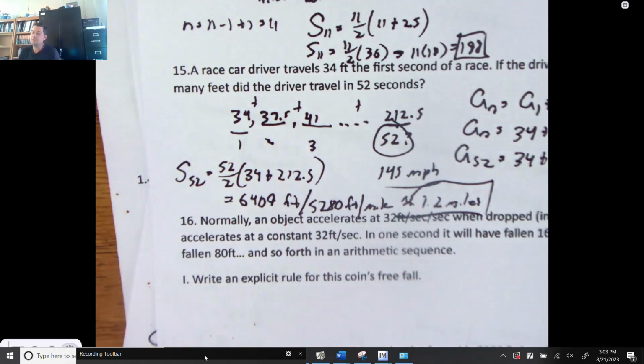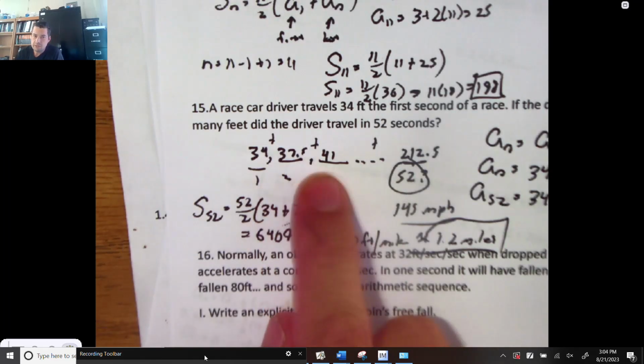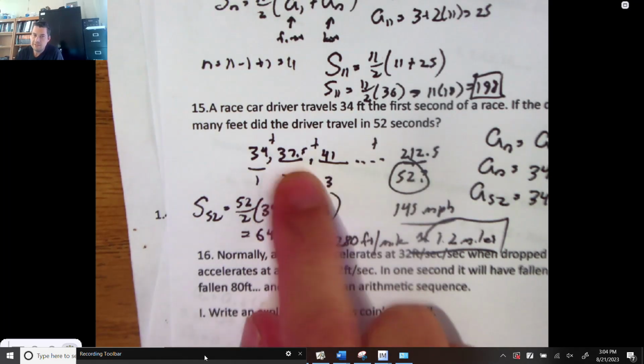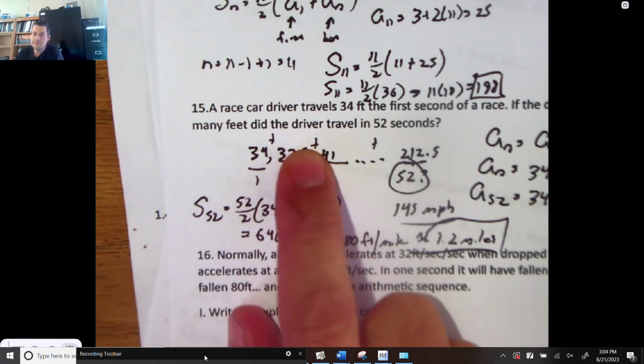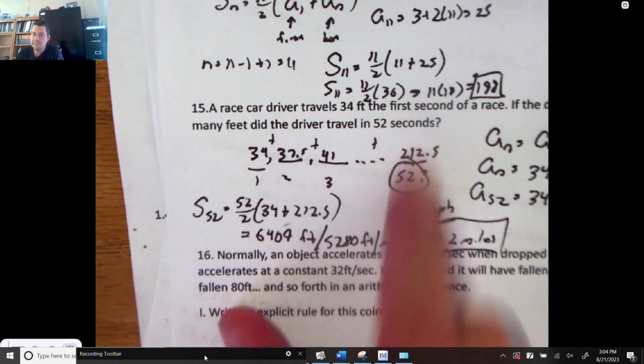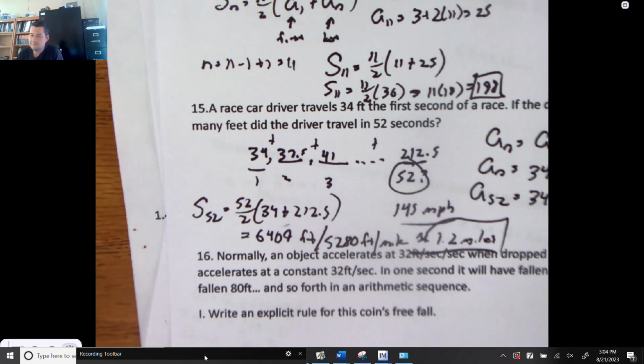I mean, I can do that in my truck. My truck probably won't hit 145 miles an hour, but the acceleration here was too slow. The acceleration was just so low, and they did that so the problem actually had some sense at the end. It's not much, you know, he was just running a little bit over on average, 60-something miles an hour.